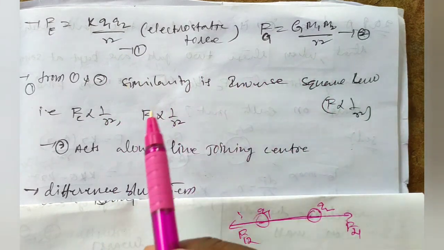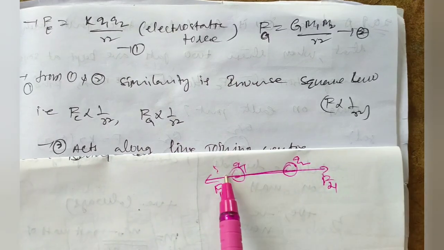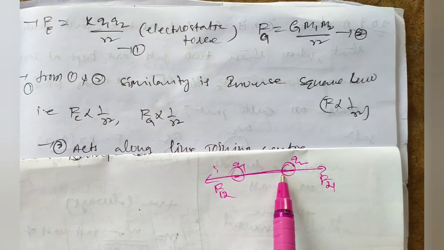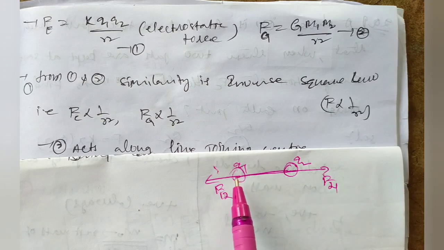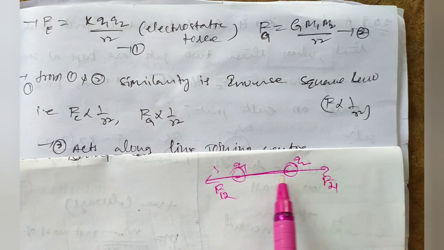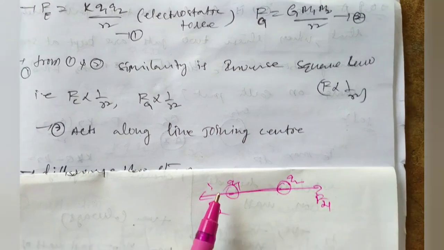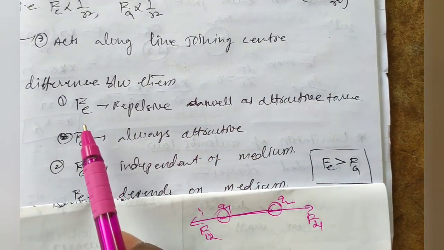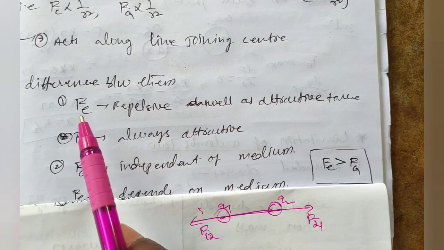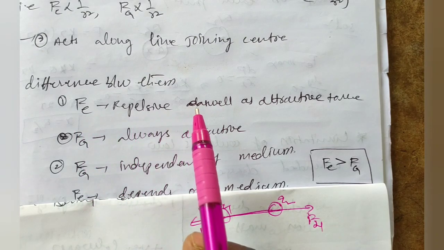Also, both forces act along the line joining the centers. For charges q1 and q2, F12 is on this side and F21 is on this side, along the line joining the centers. The difference between the two forces is this: the electrostatic force Fe has repulsion as well as attraction.